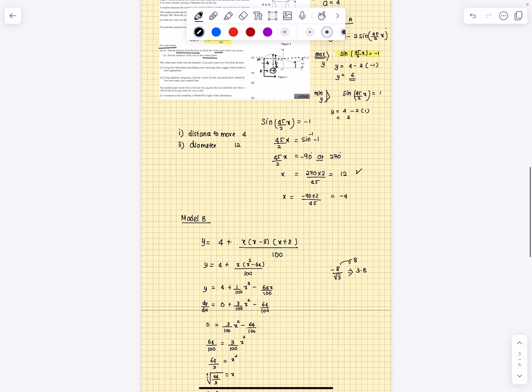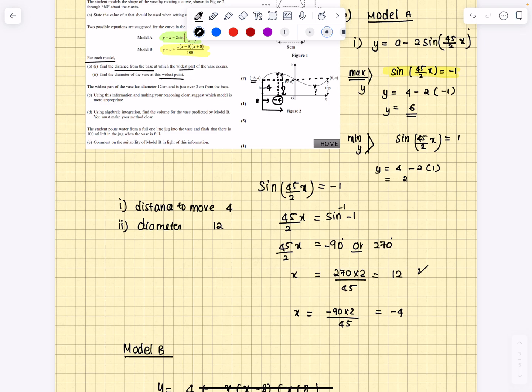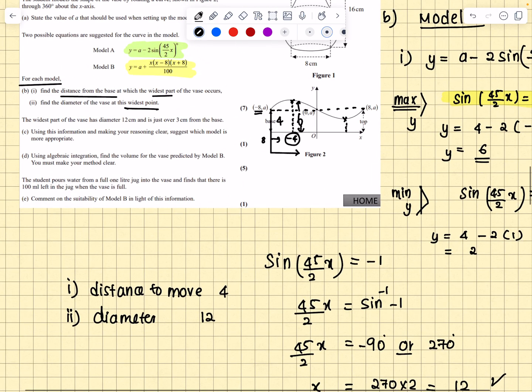Part C is asking, the widest part of the vase has diameter 12 and is just over 3 centimeters from the base. Using this information and making your reasoning clear, suggest which model is more appropriate.